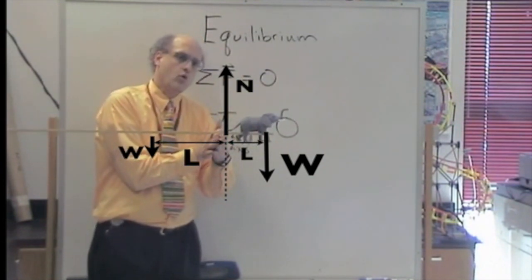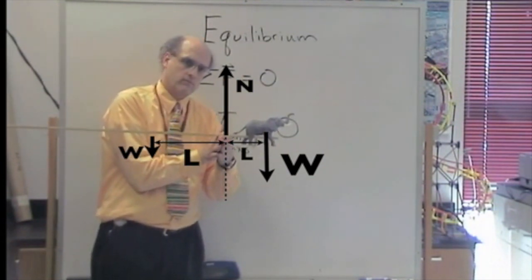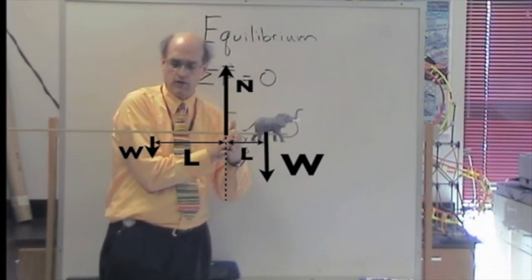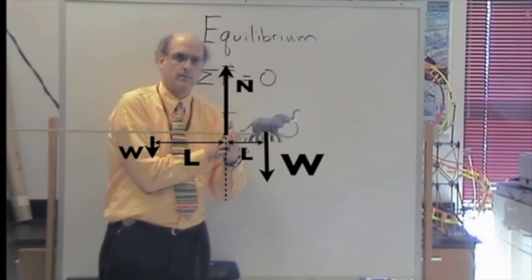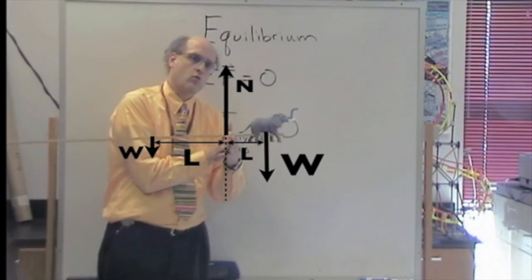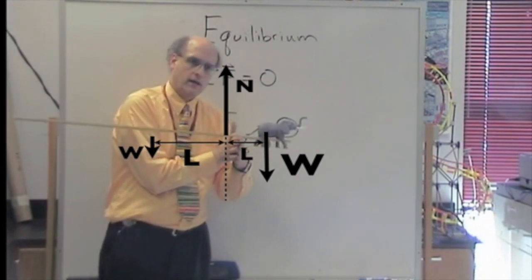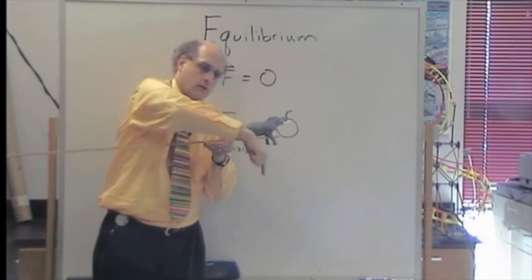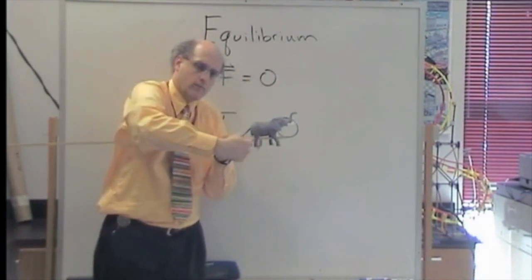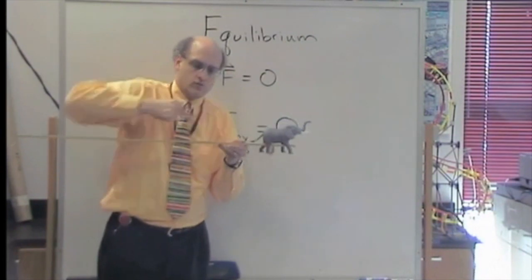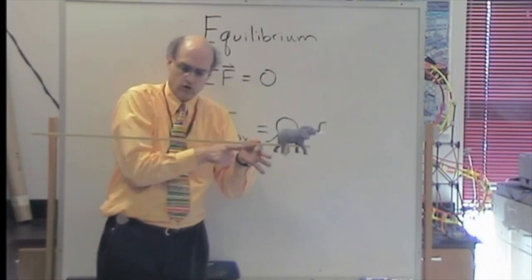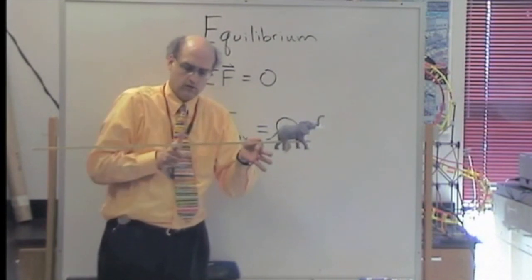And shouldn't the torque exerted by the elephant be equal to the torque exerted by the meter stick's weight if we sum those torques about my hand? Okay, so the weight of the elephant multiplied by the lever arm from here to here should be equal to the weight of the meter stick multiplied by the lever arm measured from here to here.